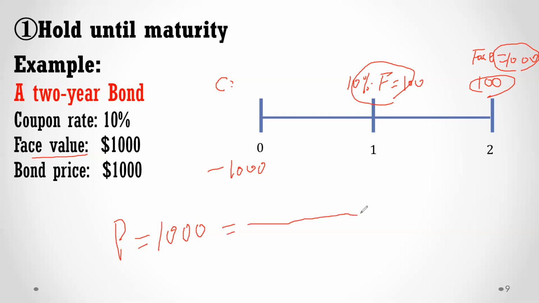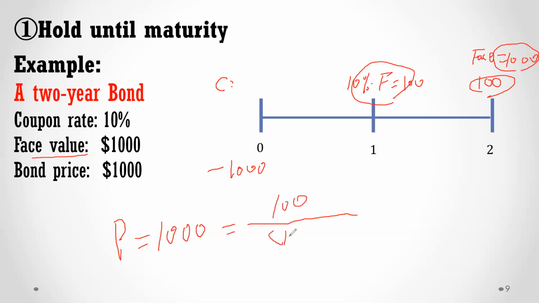We already discussed that all financial asset prices equal the present value of all their future cash flow. So for the cash flow here, at the end of year one, we're going to have 100.